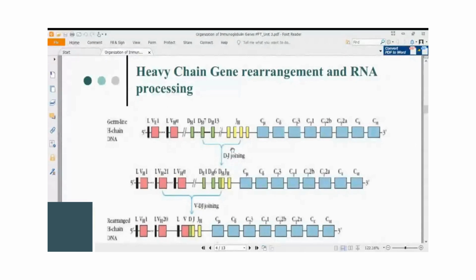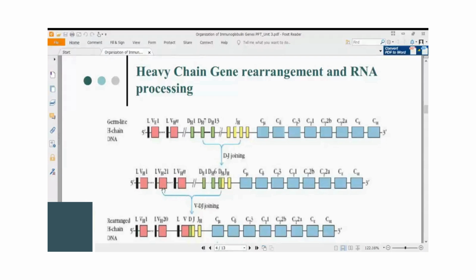After the DJ joining, it will facilitate picking up of any one of the variable region genes. Now here in the diagram, they have shown the VH21. And that is going to recombine with the DJ segment. With the result, the in-between segment that was there is going to be lost.